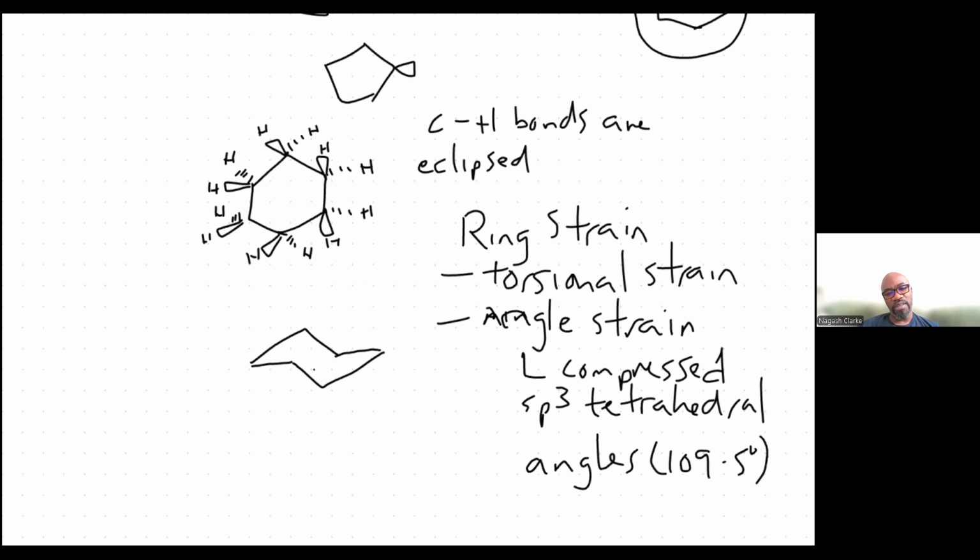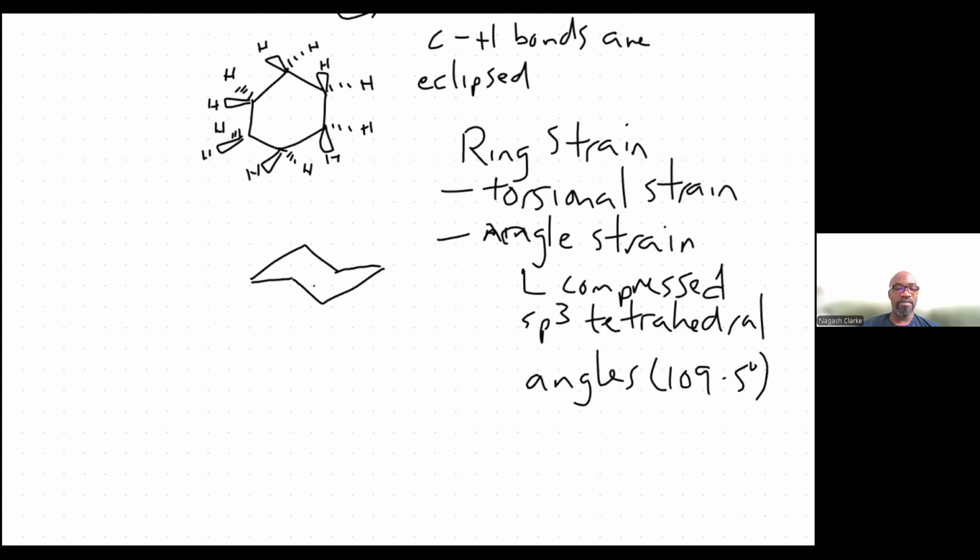Now, cyclohexane in this format alleviates ring strain completely. We have our tetrahedral angles. That's based on how we draw the chair. It doesn't look like it's 109.5, but it actually is. So we have our 109.5, and we have no torsional strain in the ring.